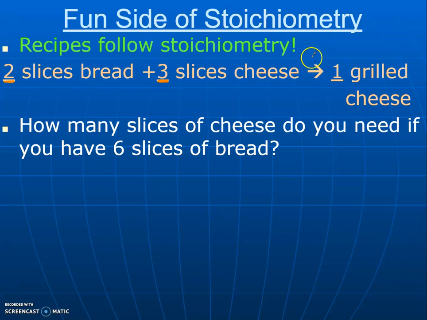I like it cheesy. You heat it up, and there you get your recipe for 1 grilled cheese. So if we ask, how many slices of cheese do you need if you have 6 slices of bread? We can look at this 2 to 3 proportion in order to figure it out.